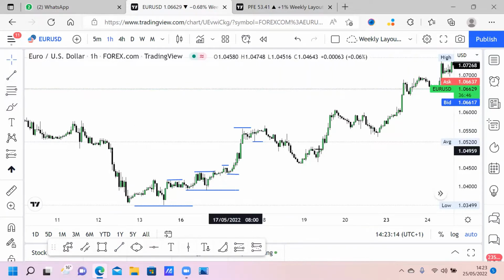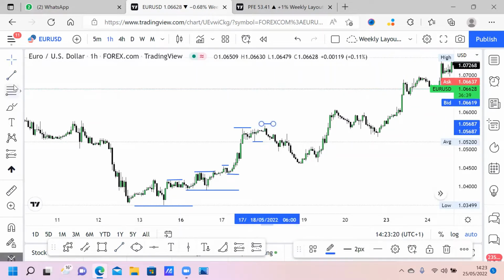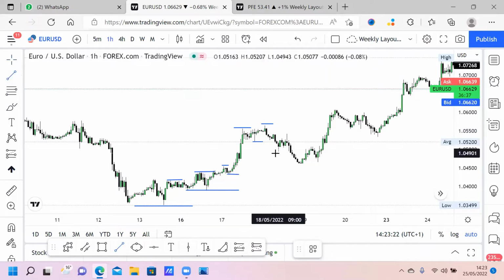What we're going to see now is as it made a slightly higher high, it went below the low. So this is a lower low than this low. However, the high is higher than the previous high.